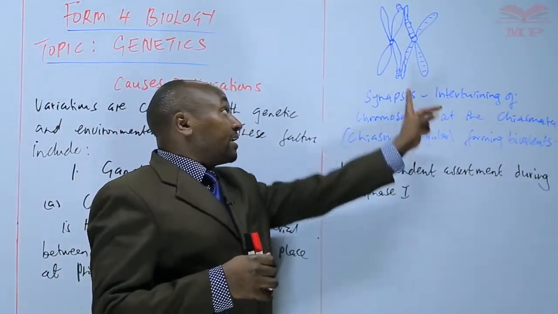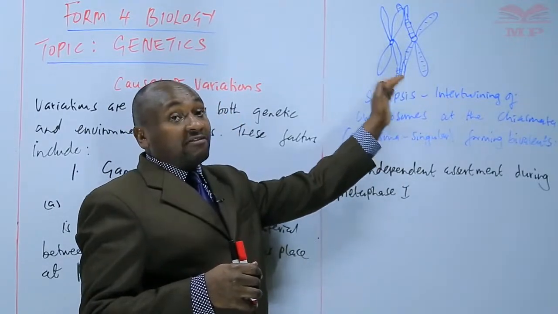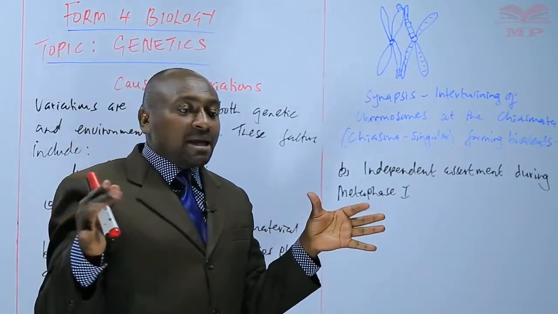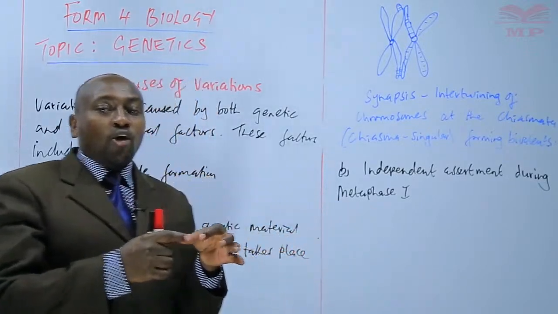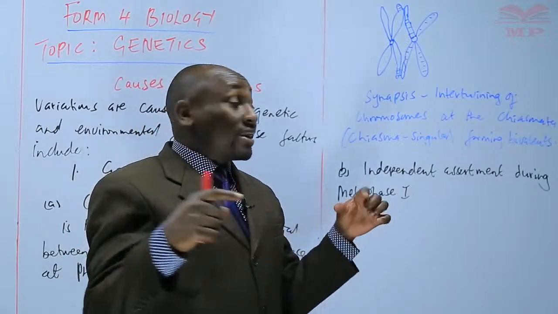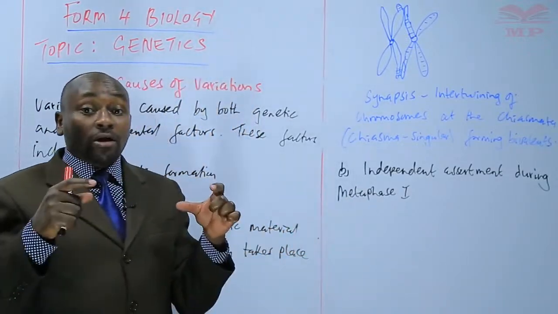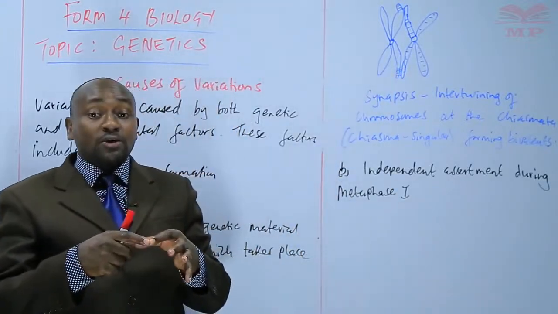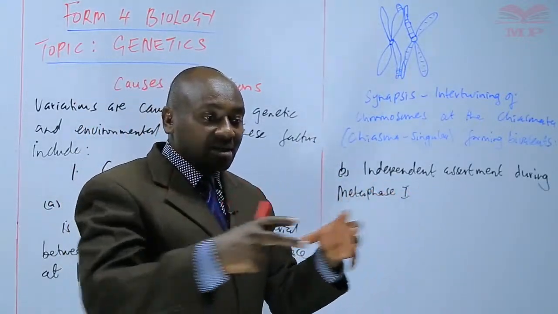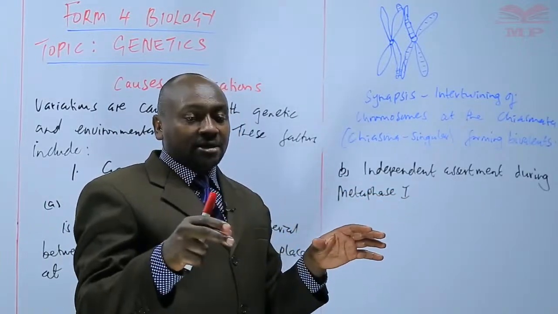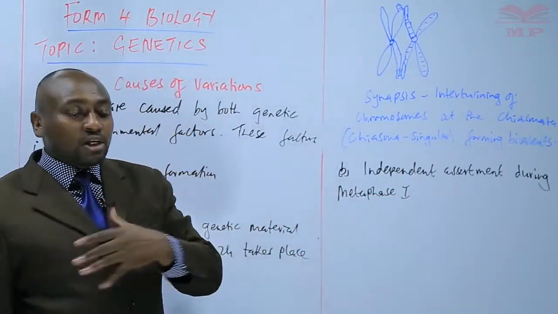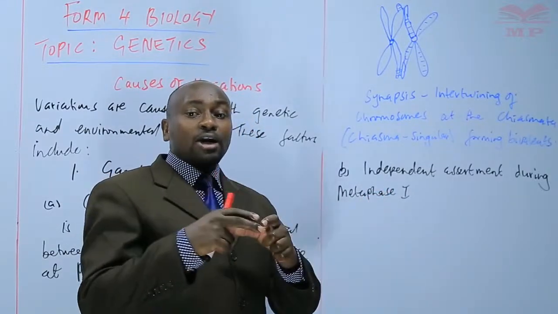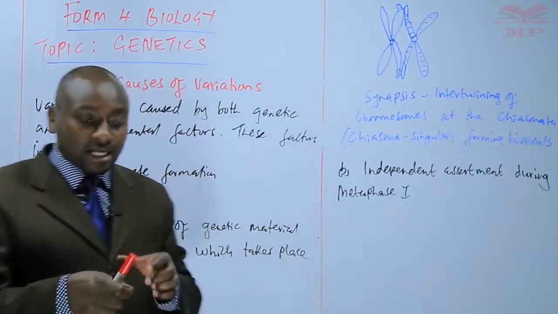After prophase 1, the chromosomes will move on to metaphase 1, whereby they will be aligned at the equator of the spindle fibers. The alignment of the chromosomes, while still as bivalents, at the equator of the spindle is random. They can be aligned in a particular manner, or in a different manner. So there are various ways in which those chromosomes can be randomly aligned at the equator of the spindle.